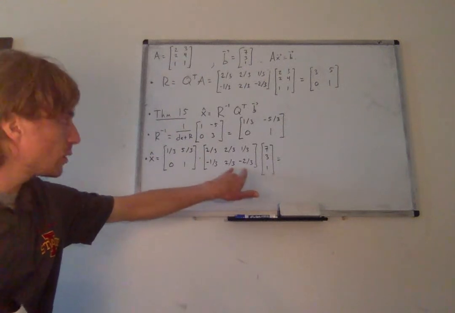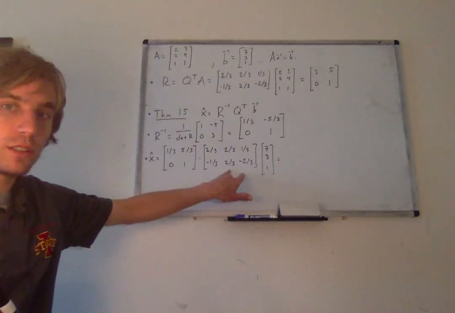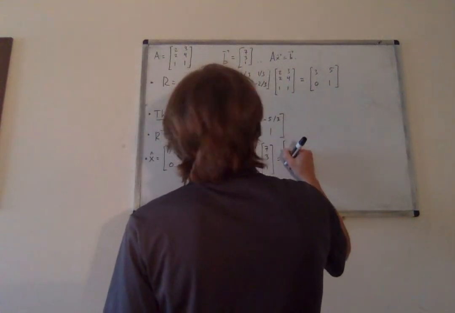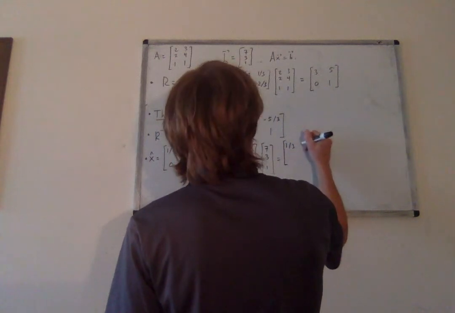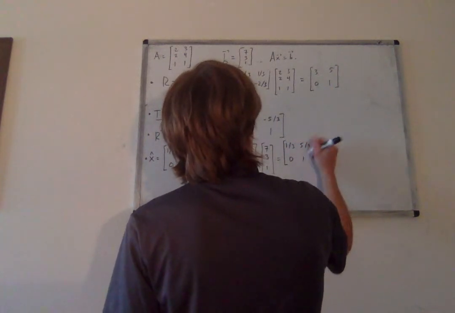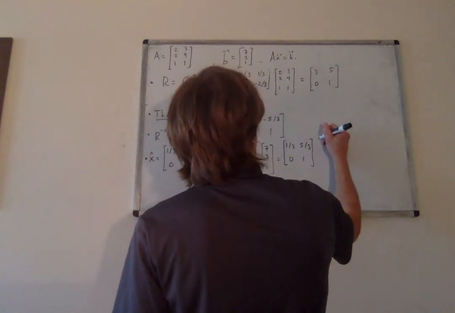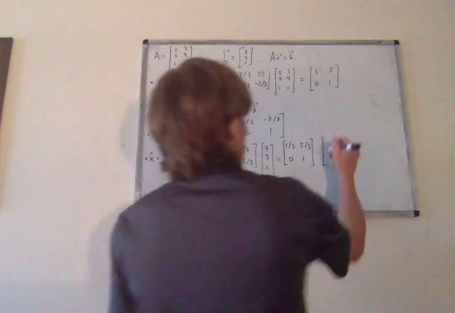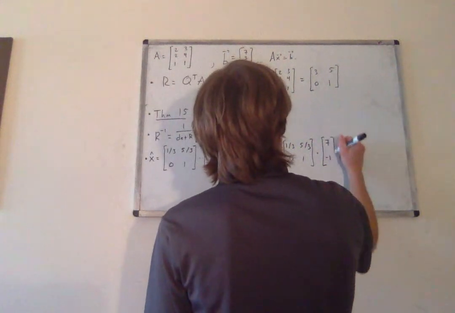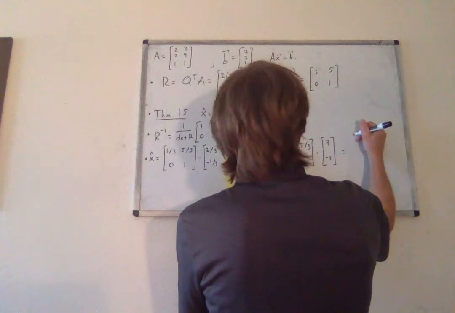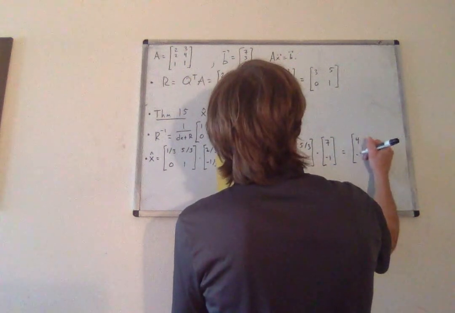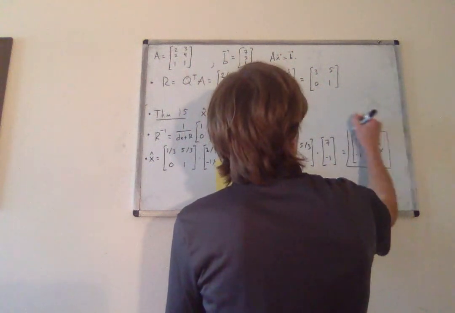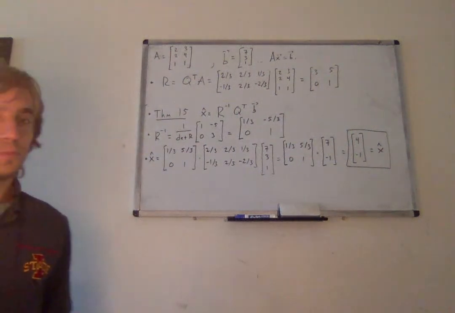The reason is because I noticed that this was going to give me a vector of length 2, so it'll just decrease the amount of calculations I need to do. And so doing the matrix multiplication dance a few times, you should get that this is equal to the following matrix vector product. I got 7, -1. And then multiplying R times that, I got the vector 4, -1, which is a least squares solution to this matrix equation.